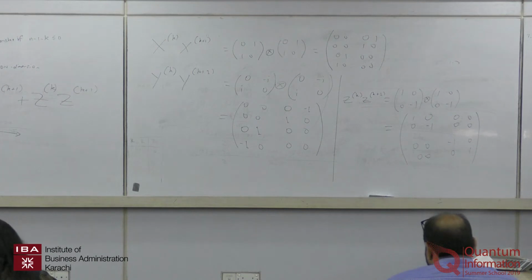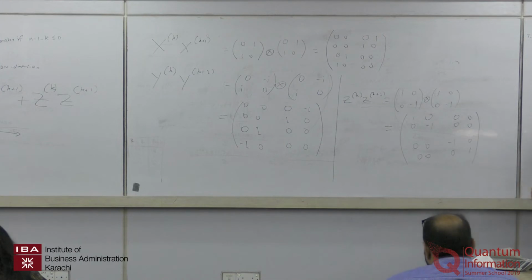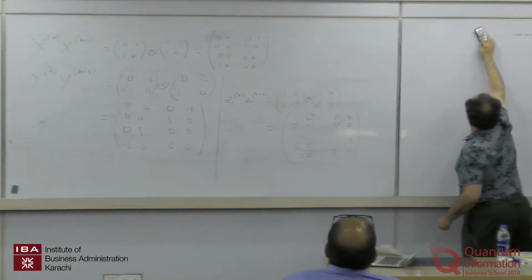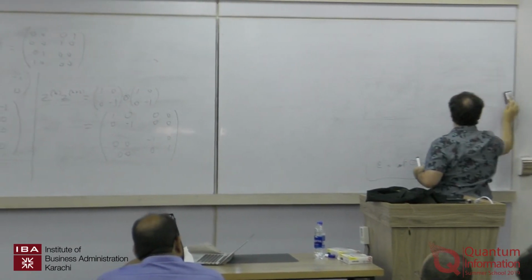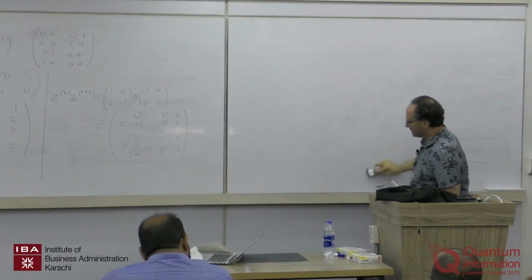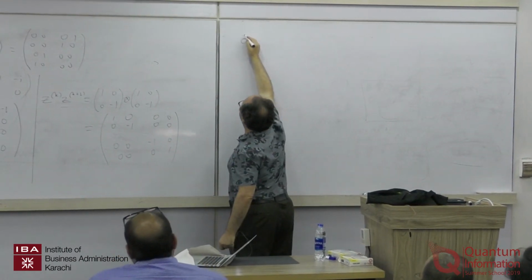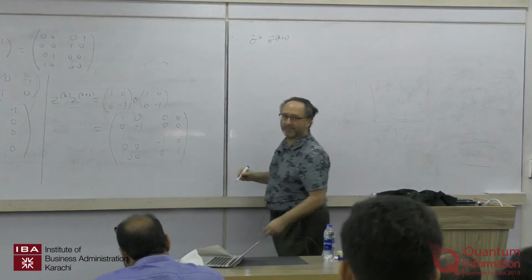Okay, so we've done it. Now we have to add them together. So let's do the next step. Okay, the next step is, let's do our sigma_k dot sigma_k plus 1.